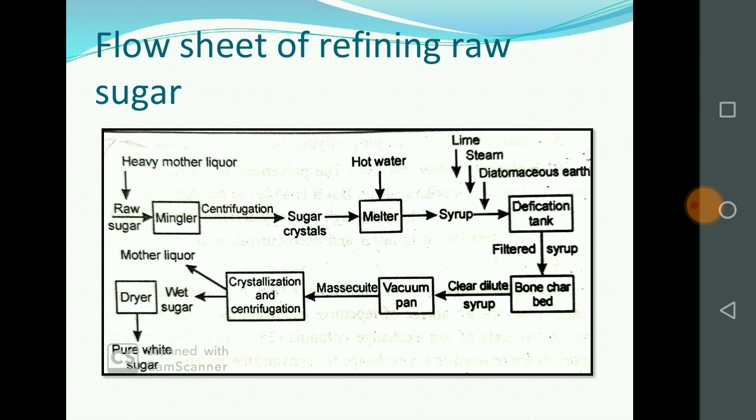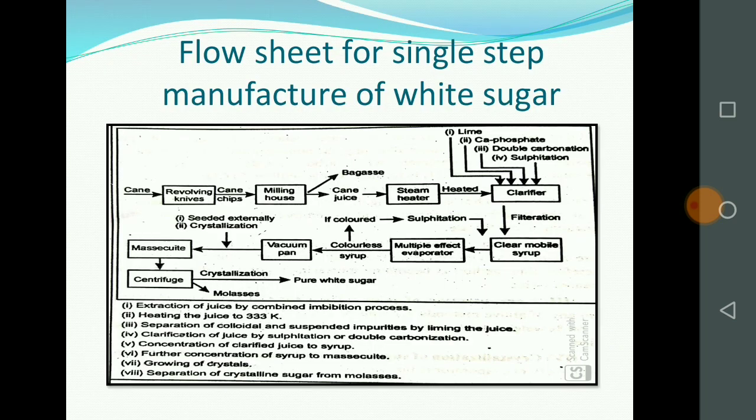Depending on the method employed for decolorization, the syrup is decolorized to different degrees, so we get different grades of sugars. The flow sheet is shown in this diagram.